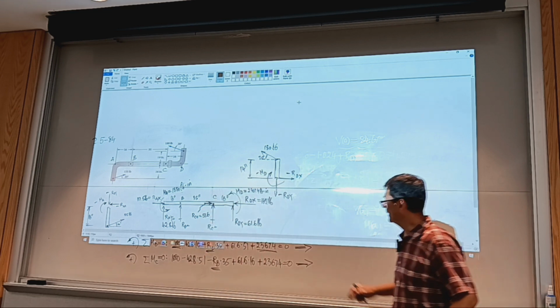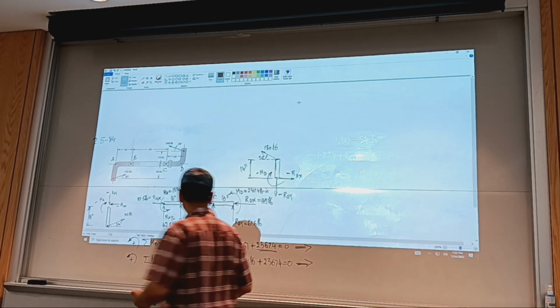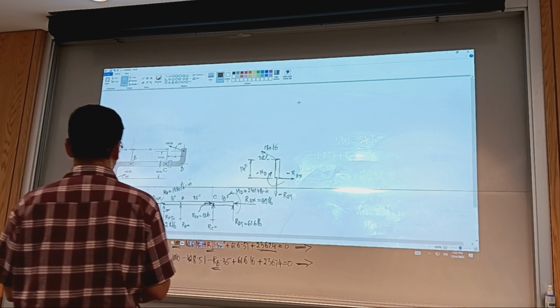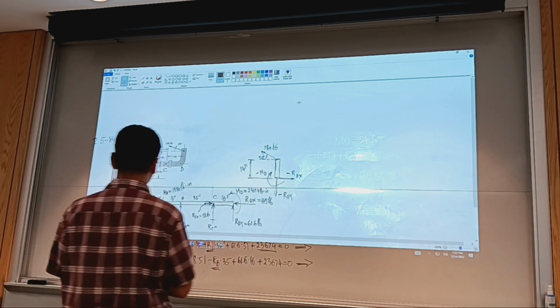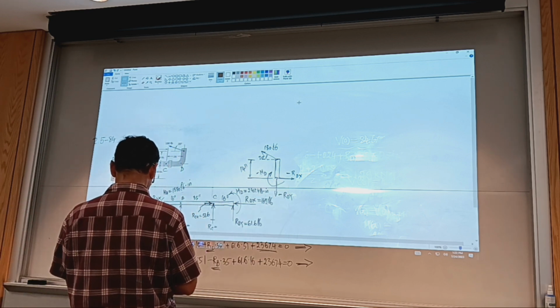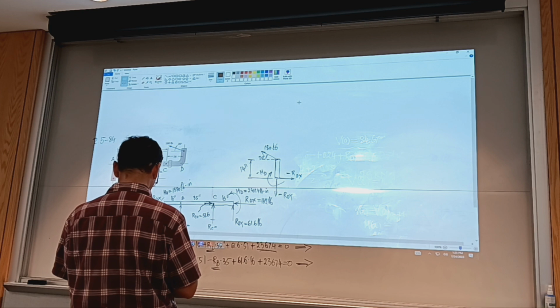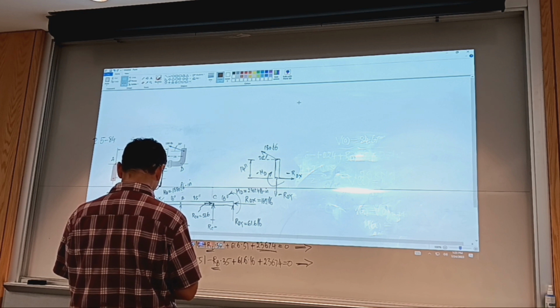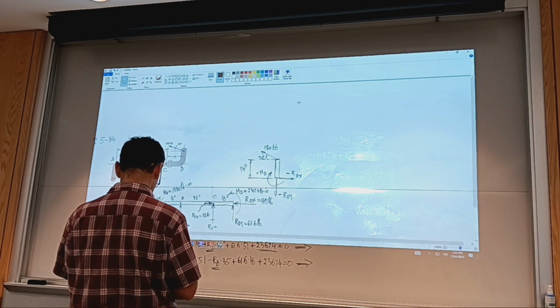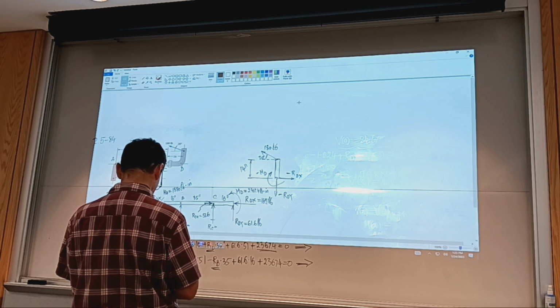Okay. All right. So let's calculate RC first. I'm going to move everything to the other side. So it'll be 1880 negative, and then I have plus 42.8 times 10. That's 428 and positive 428. And then I have negative 61.6 times 51.